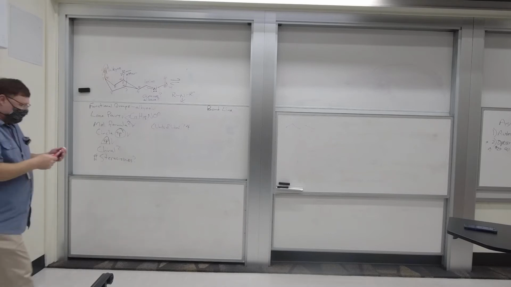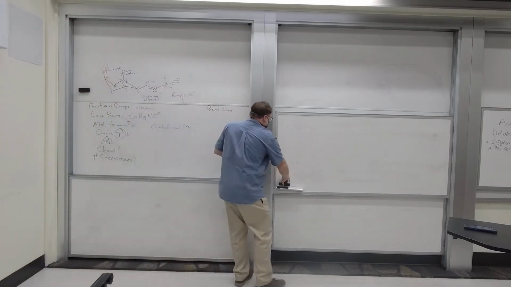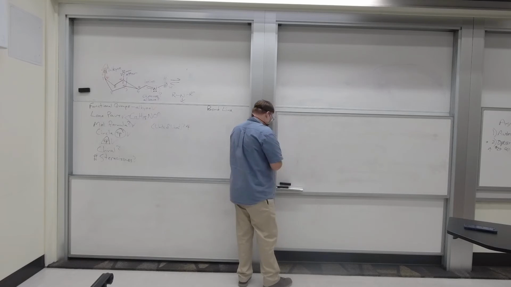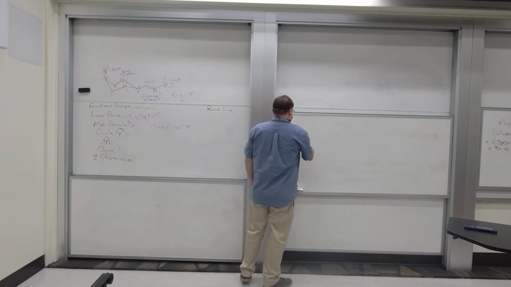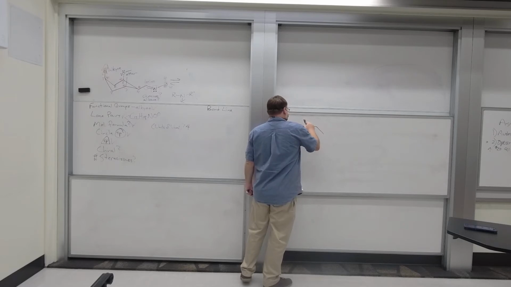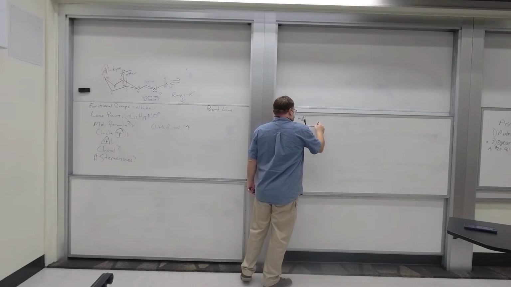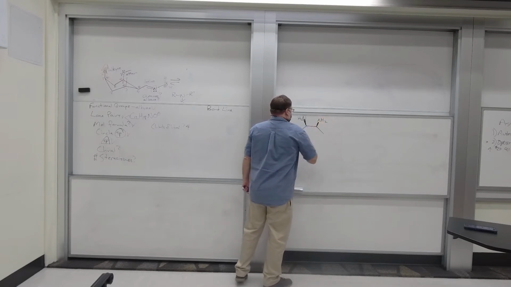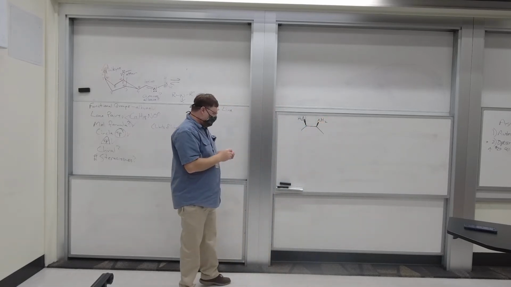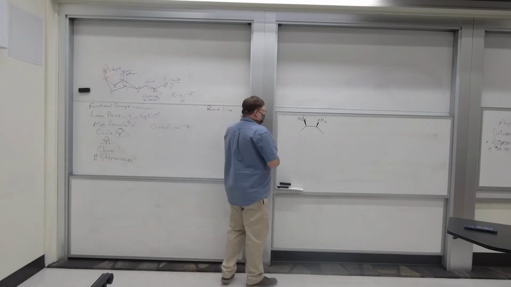Okay, so the classic examples are going to be something like this. Right, so that molecule has a plane of symmetry. It's got 2 chiral centers.